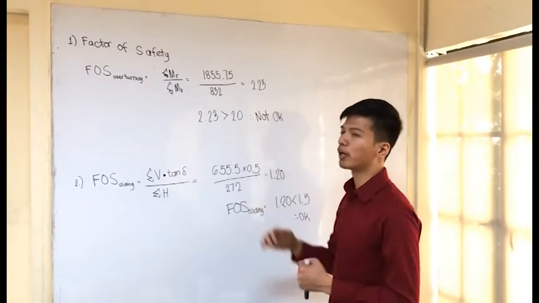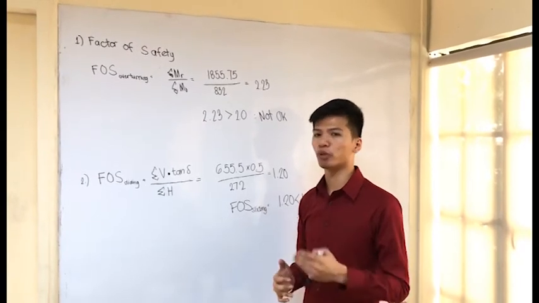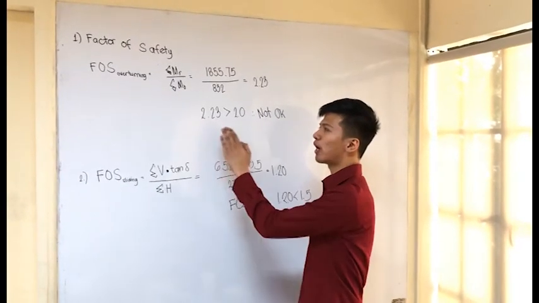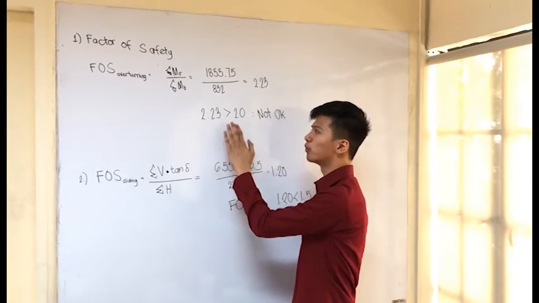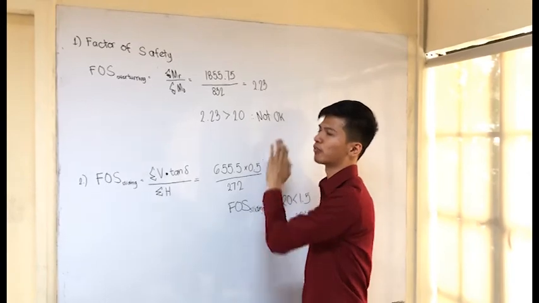The factor of safety for overturning should be greater than 1.5 to 2. So we have a value greater than 2, which is safe for the overturning factor of safety.